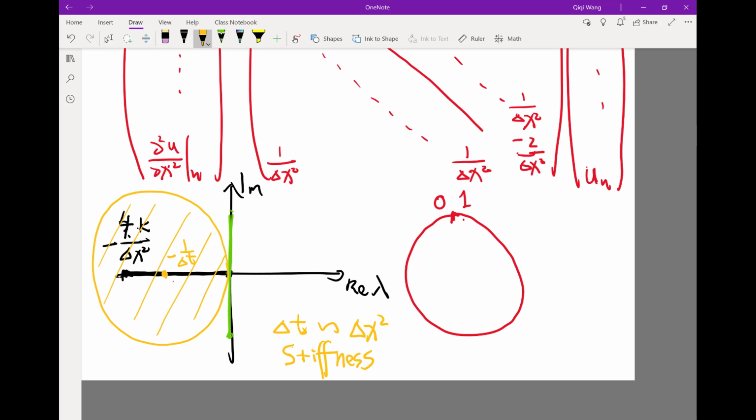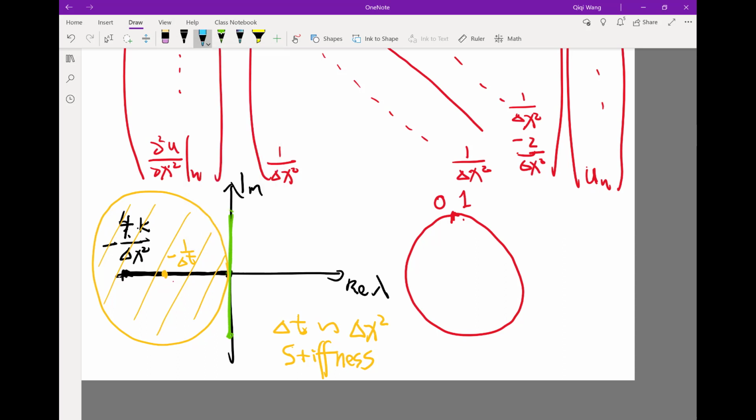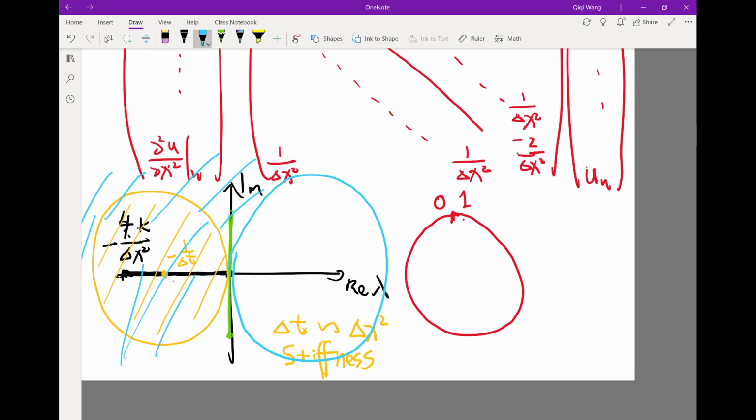In that case, the best scheme to use is going to be an implicit scheme, right? With an implicit scheme like backward Euler, your stability region encompasses essentially the whole negative real line.